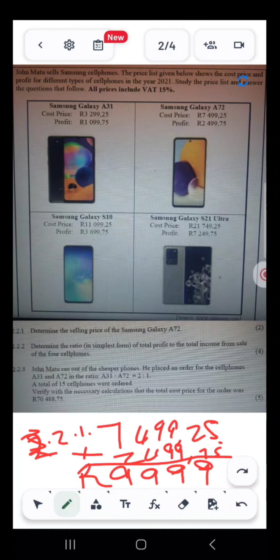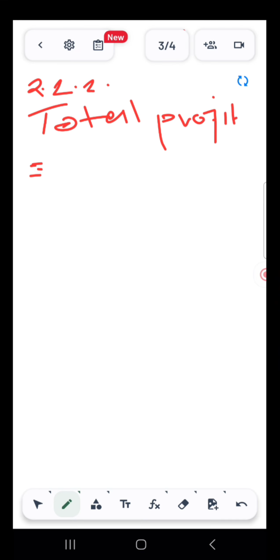They're talking about one ratio of total profit to the total income from sale of the 4 cell phones. First thing we must do is separate the two. They want the ratio of the total profit and the total income. So you must calculate the total profit.